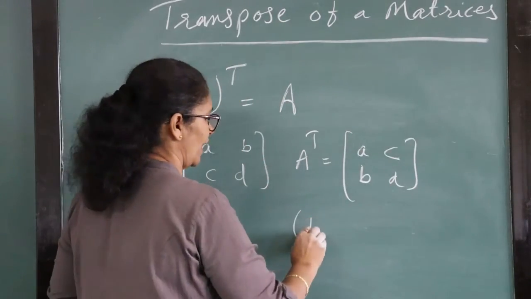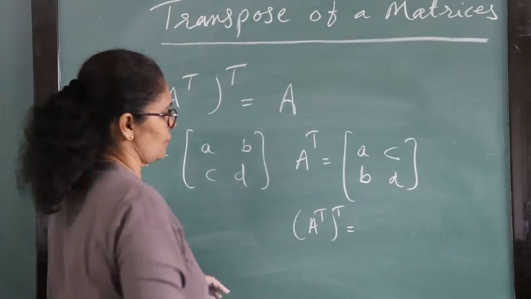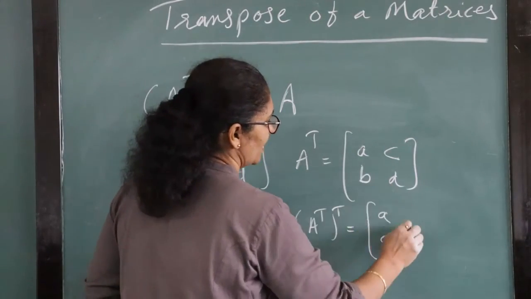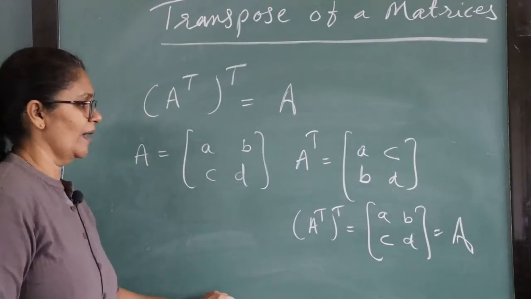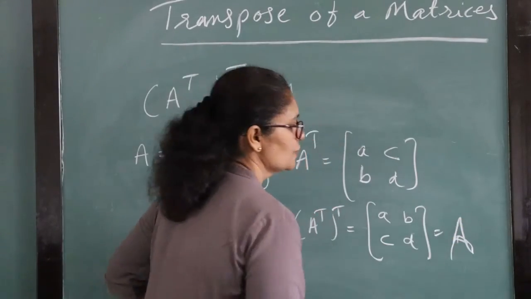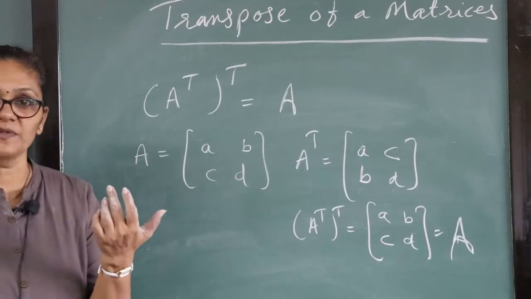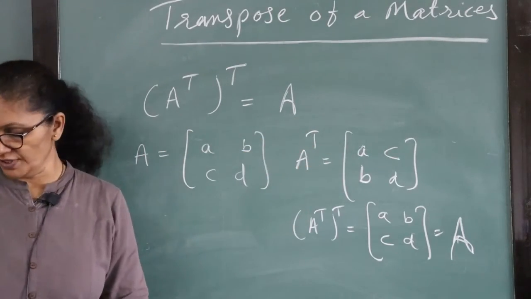Now again I have to write its transpose, because our first property is the transpose of the transpose. So again A, C as the first column and B, D as the second. Check, this is your original matrix A only. So as we learned in set theory that the complement of a complement is the same set, in the same way the transpose of a transpose is the same matrix.